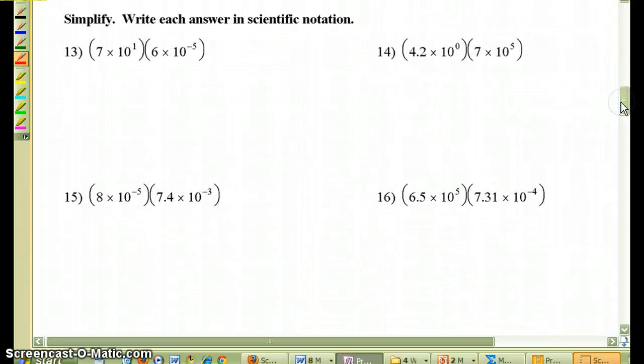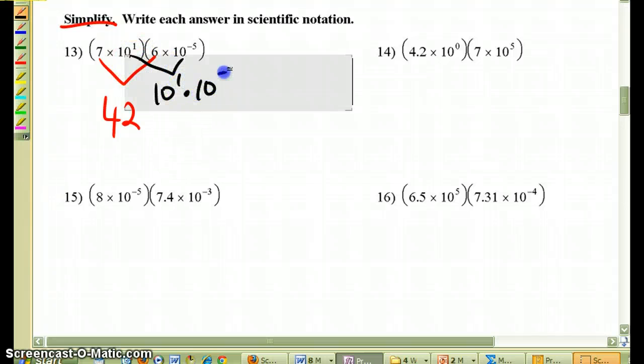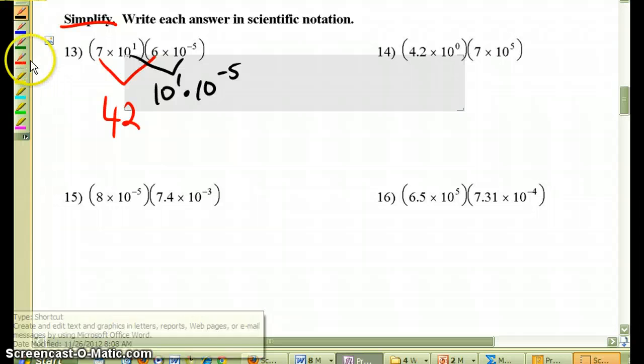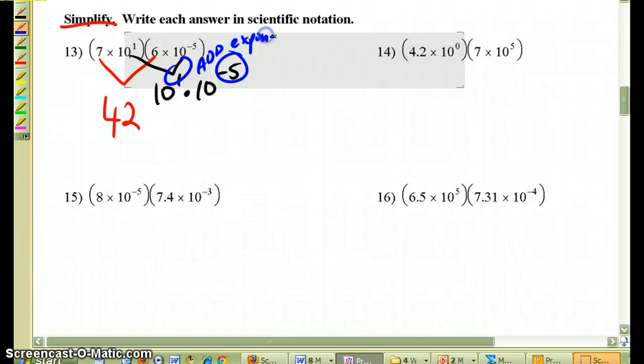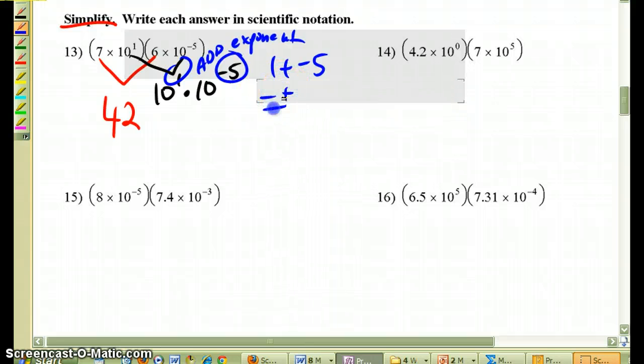Number 13, I'm simplifying, so I'm going to multiply the 7 and the 6 together, giving me 42. I'm going to multiply the powers here, 10 to the first times 10 to the negative 5. And if you remember, when I multiply powers, I want to add the exponents together. So if I add 1 plus negative 5, that gives me negative 4.